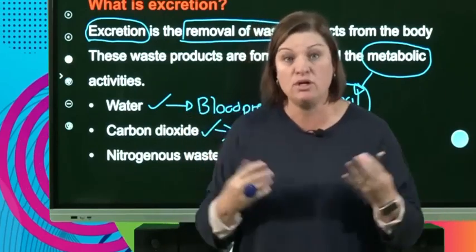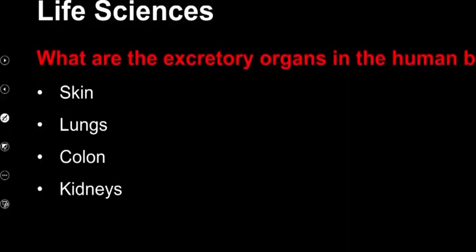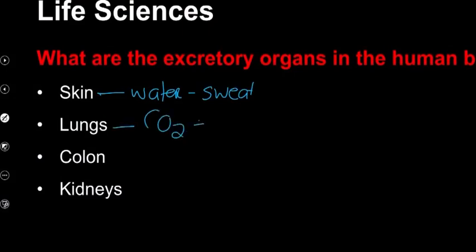Okay, so what organs are involved? When we look at excretion, the skin is going to help with that water part, where we're going to sweat. The lungs are going to get rid of the carbon dioxide, and with this there's going to be a little bit of water that comes out as water vapor.